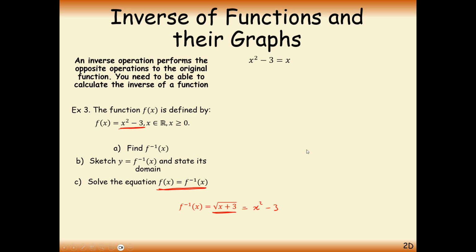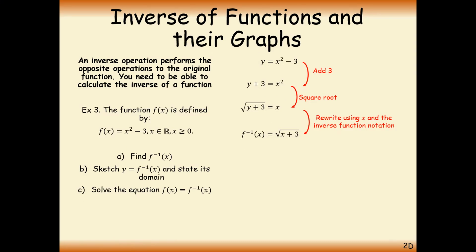First of all, we have to restrict our domain so that x plus 3 will have to be a positive value. So for this to be positive or equal to 0, that means that x has to be bigger than or equal to negative 3. So that is the domain of the inverse function for part B of this question.